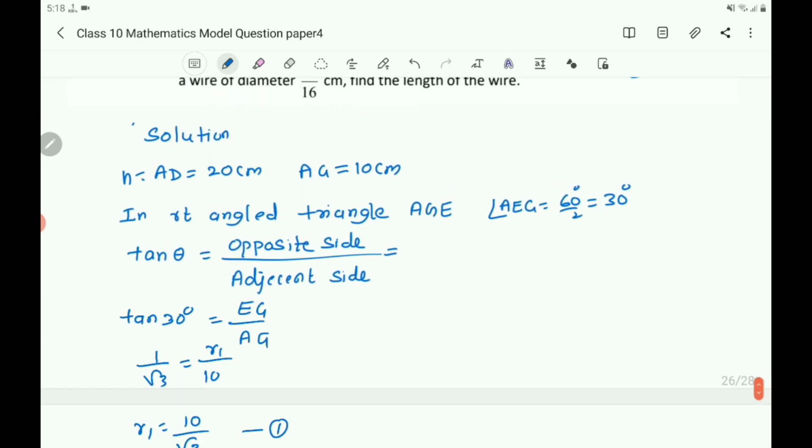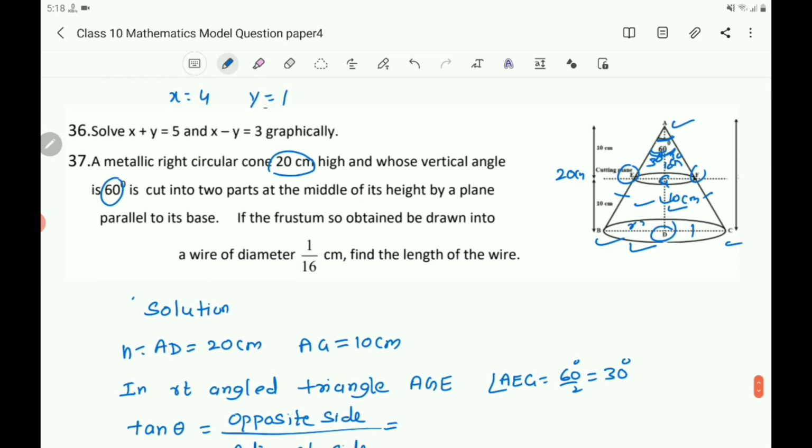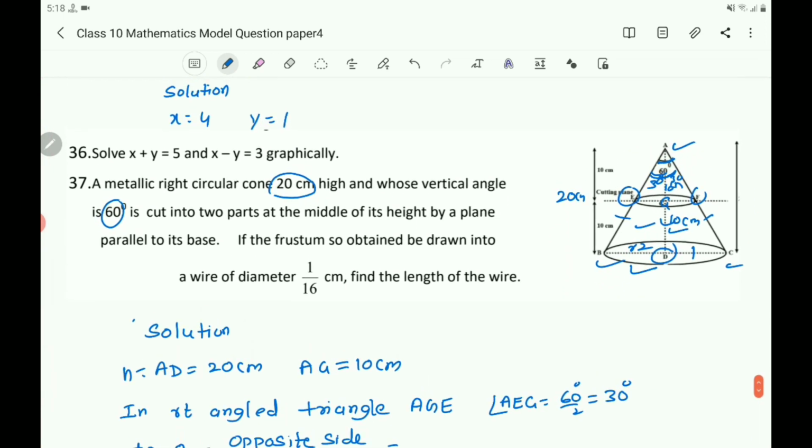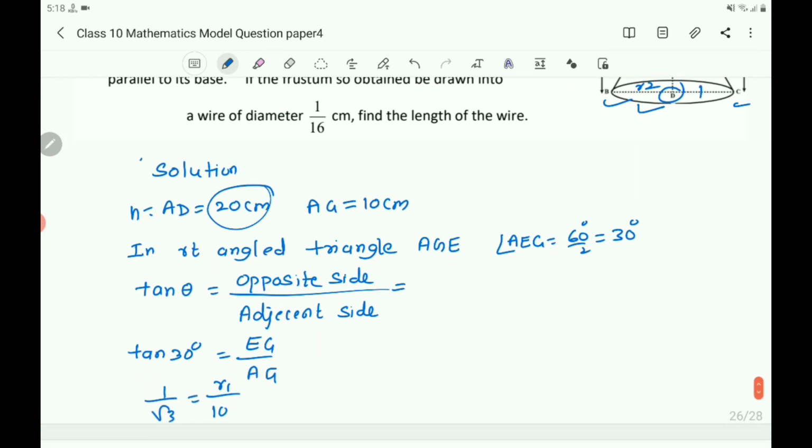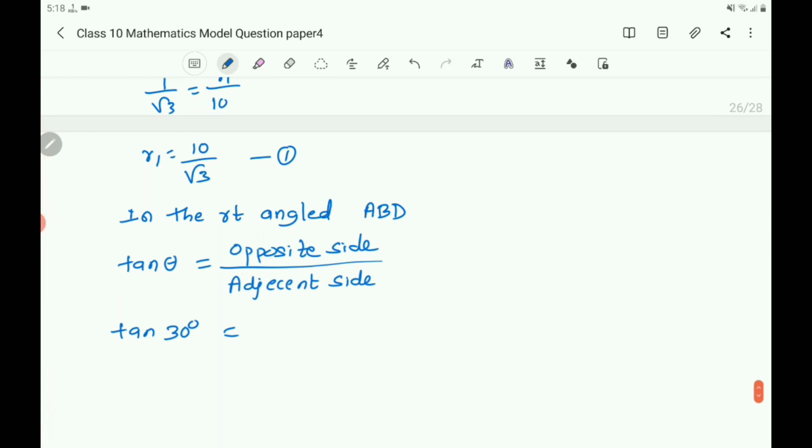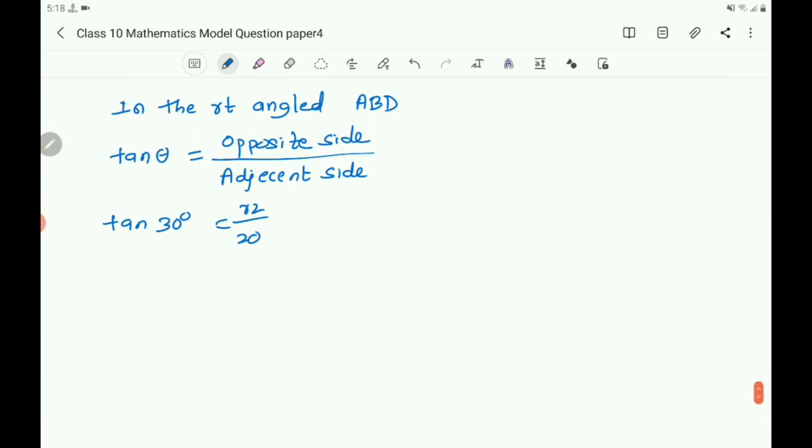Opposite side we have taken R2 by AD is 20. So 1 by root 3 equals R2 by 20. Therefore you can write R2 equals 20 by root 3.